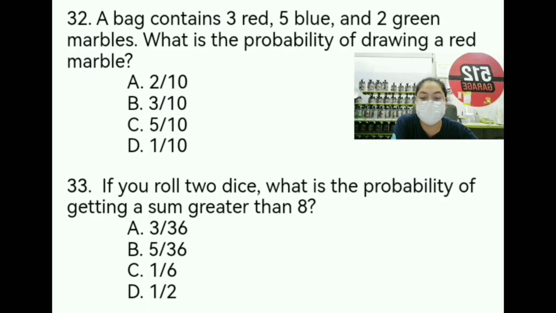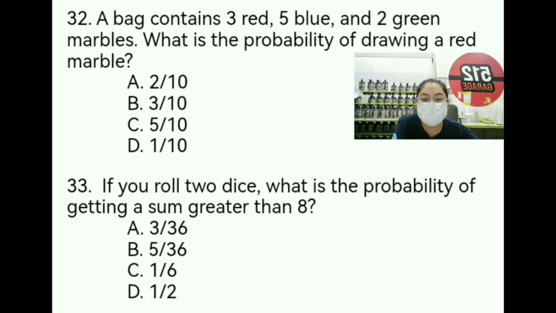Letter B, 3 over 10, is correct. This is the probability of drawing a red marble because there are 3 red marbles out of a total of 10 marbles. Letter C, 5 over 10, is also incorrect because this represents the probability of drawing a blue marble, not a red marble. And lastly, letter D, 1 over 10, is also incorrect.